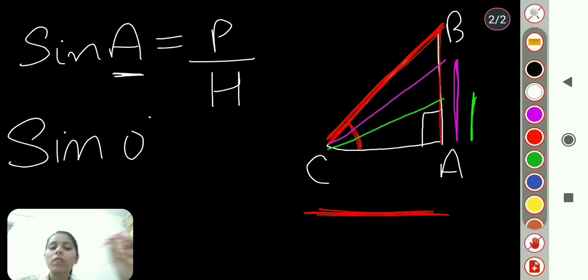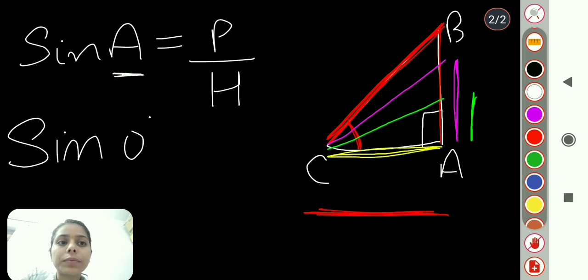After some time, it will merge with this base CA. Right? This will merge with CA. And now this perpendicular is reduced to 0. Perpendicular is reduced to 0. And this angle is also reduced to 0 degree.